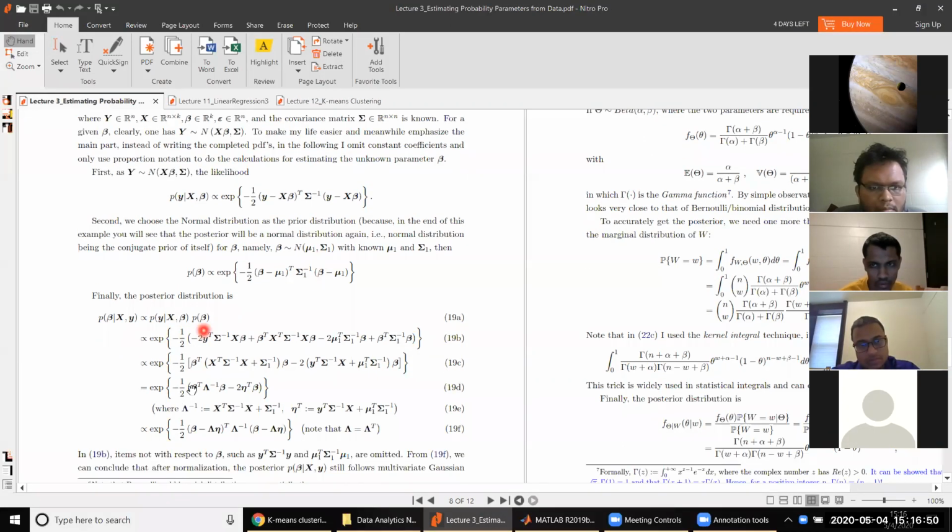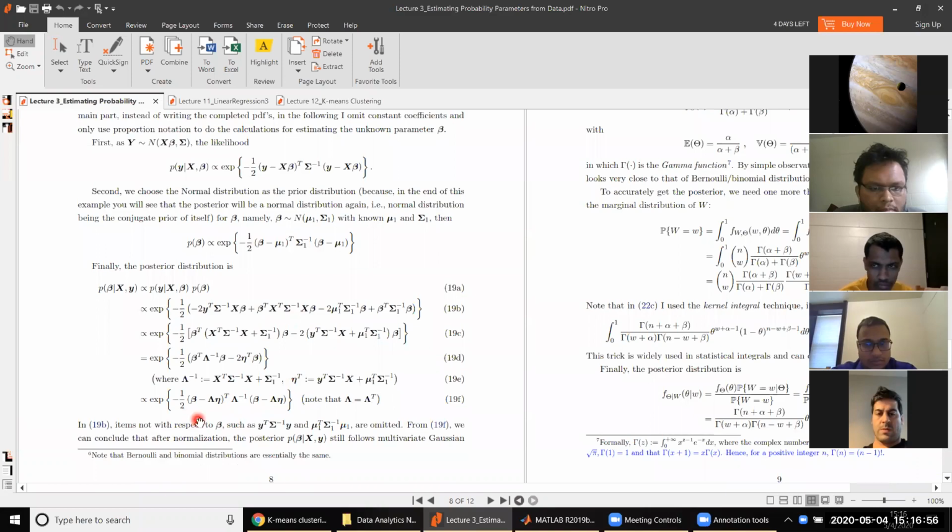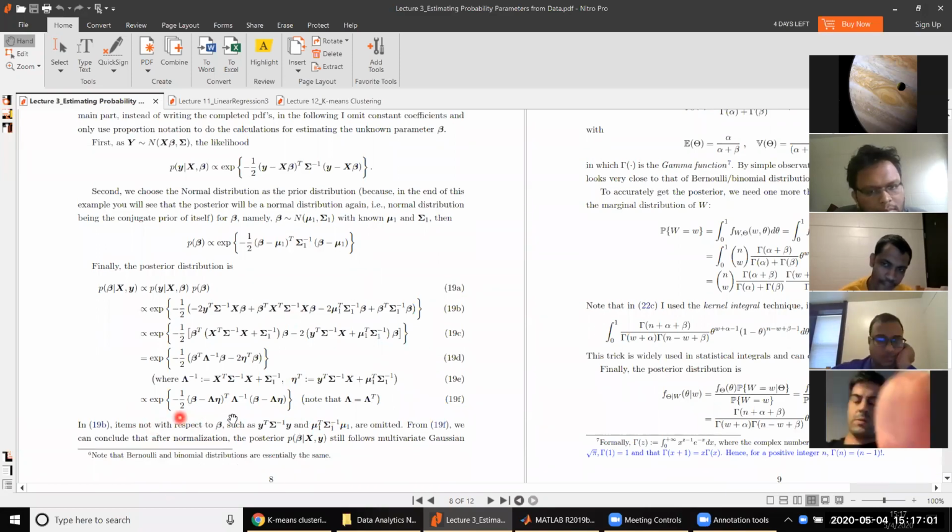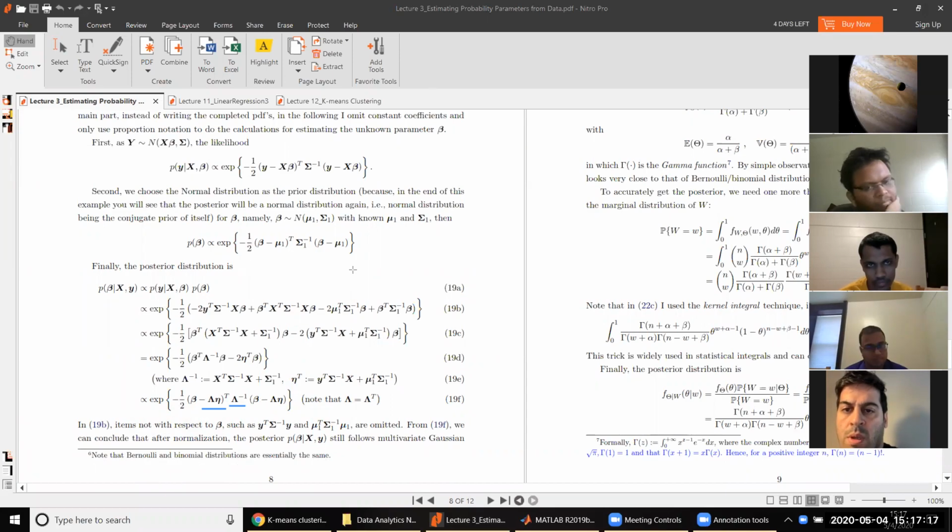Okay, now let's have a look at the conclusion of the general case to see what happens here. In the general case, I have this, right? So this is a normal distribution. Very clear normal distribution with mean equal to nabla eta, and the variance as eta. Sorry, this is lambda, not eta.